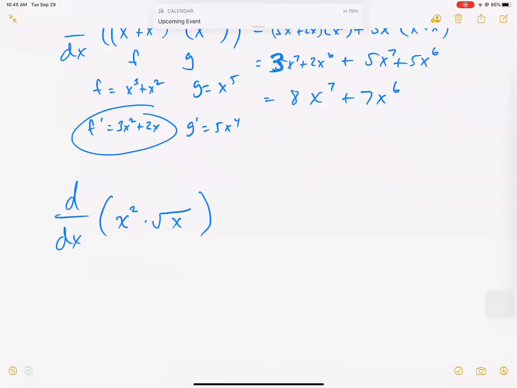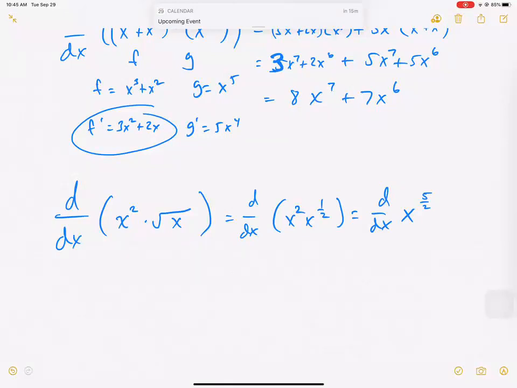If you really want to rewrite it, because you could do it in this case, you can't do it for most cases, you could rewrite it as x squared, x to the 1/2, and this becomes d over dx of x to the 5 over 2, okay, if you want to rewrite it.